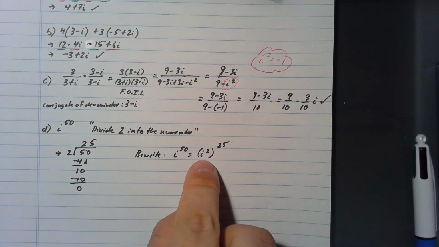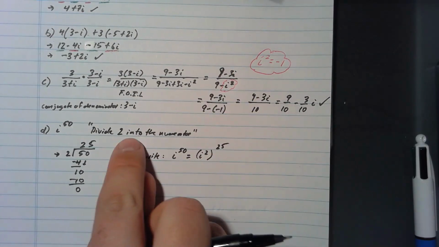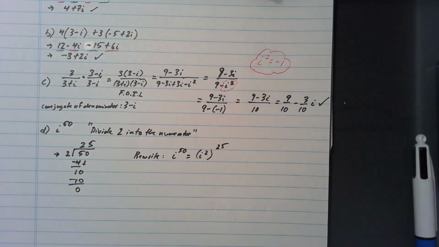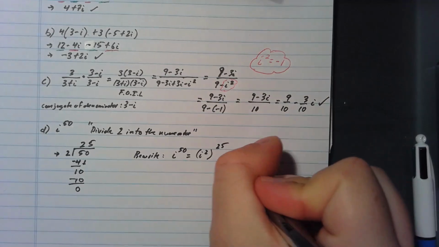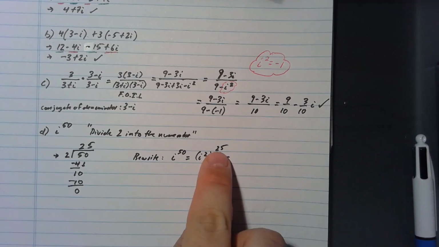The reason it's i squared is because I know what i squared is equal to: -1. It's a very common power of i we work with, so I want to use it as much as I can. So I could just replace this with -1 to the 25th power.